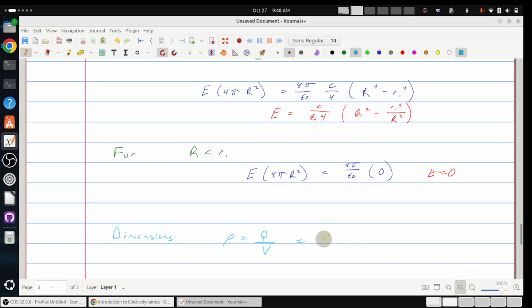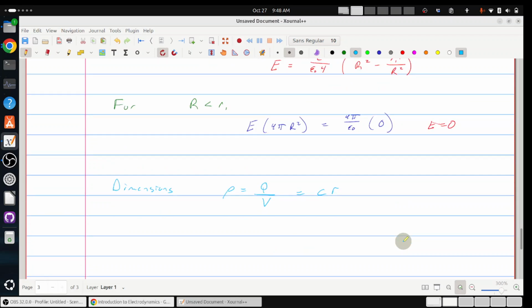And we said that rho was equal to C times R. So that means this C has to be equal to Q over V times R. So it's got to be some charge over some length to the fourth.